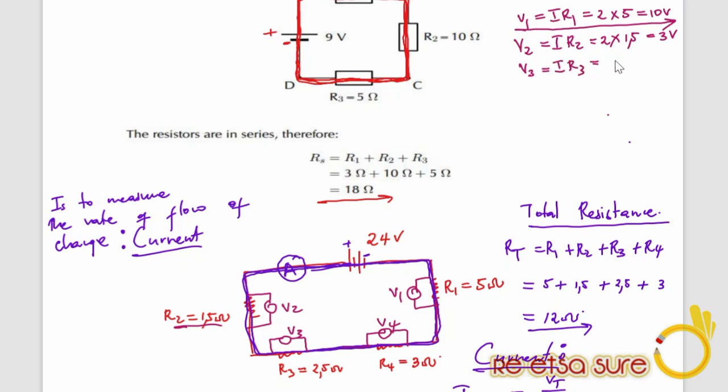My I is 2 multiplied by 2.5, which is equal to 5 V. And now let us determine V4. V4 is I R4. What is my I? My I is 2 multiplied by 3, and that gives us 6 V.